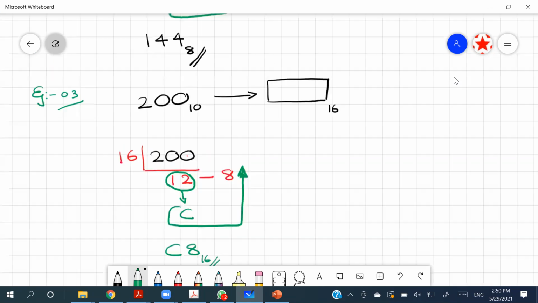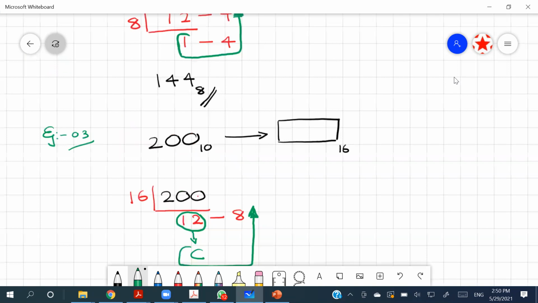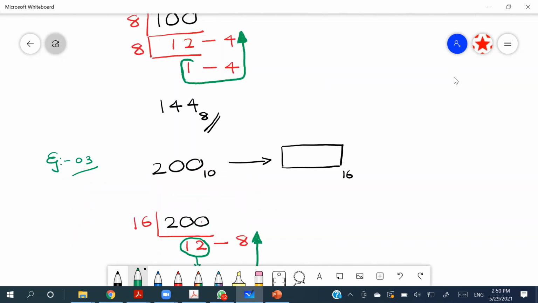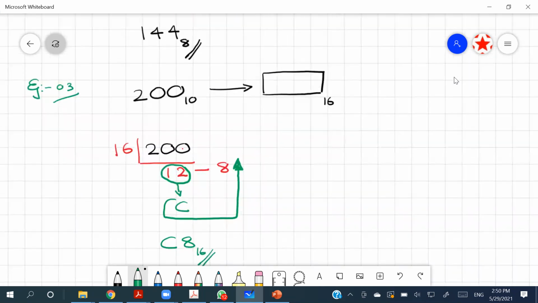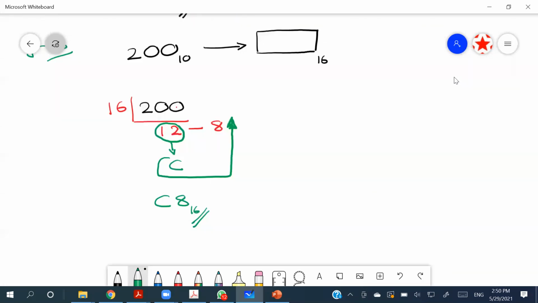Okay. So let's write this down. Ravindu, it's like this. If it is 10, we are going to put A. If it is 11, we put B. For 12, it is C. For 13, it is D. For 14, it is E. And for 15, it is F. Those are the capital letters that we are using.